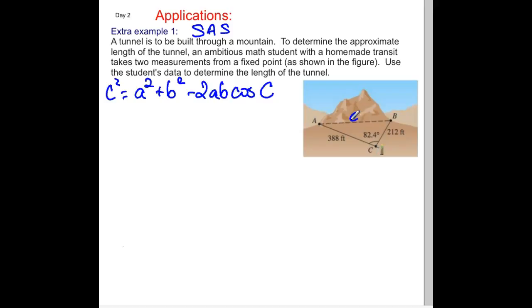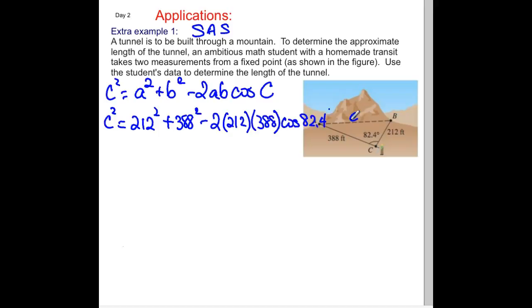So plugging in our numbers, we have C squared equals, and A would be 212 squared, plus B squared would be 388 squared, minus 2 times the product of those two, times the cosine of our given angle, which was 82.4 degrees. And then to find C, we would have to square root that.